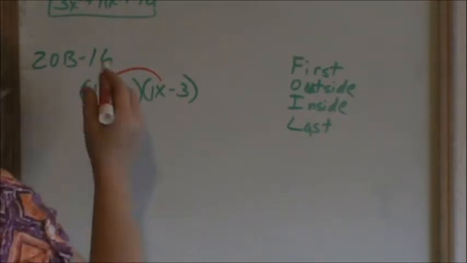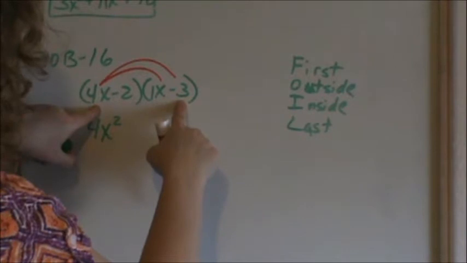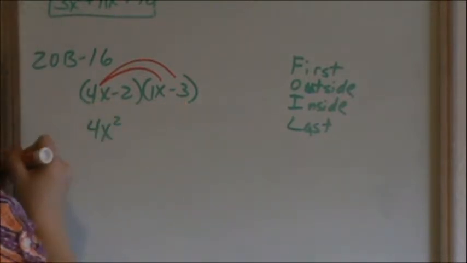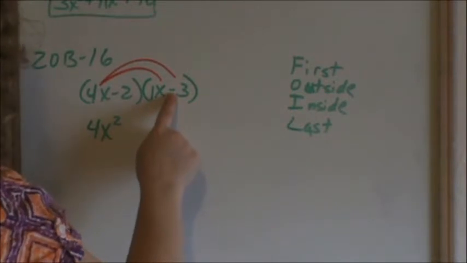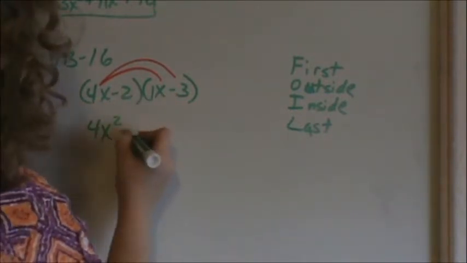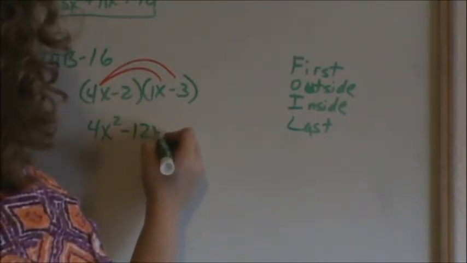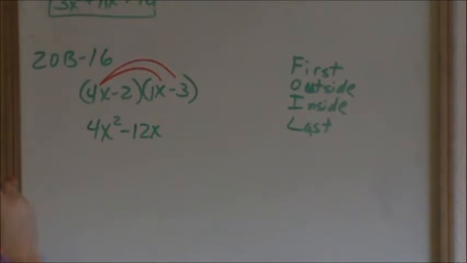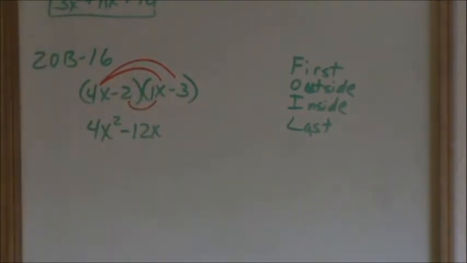Then you multiply your outside terms. These are the furthest outside numbers or terms of the two parentheses. So a 4x times a negative 3. Watch your signs. A positive times a negative is a negative, and 4x times 3 will be a negative 12x. Then you do your insidemost terms.